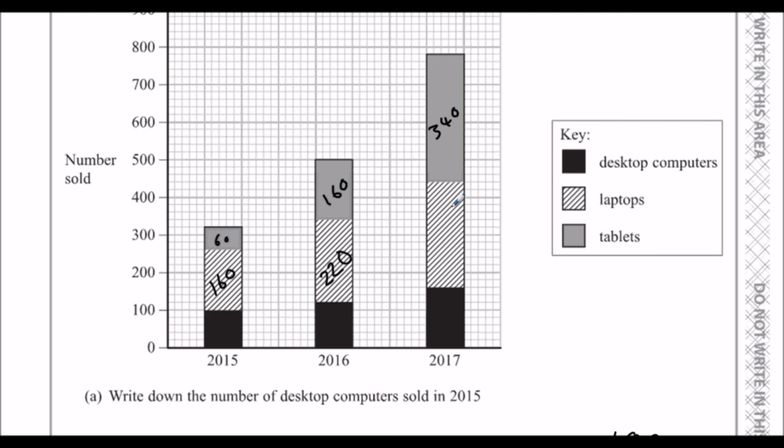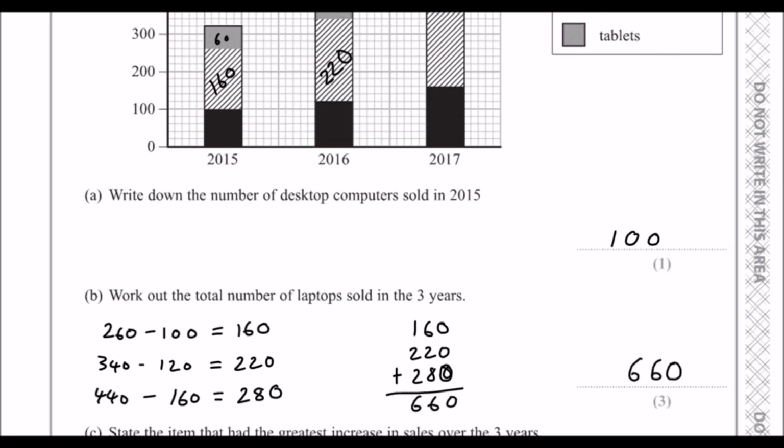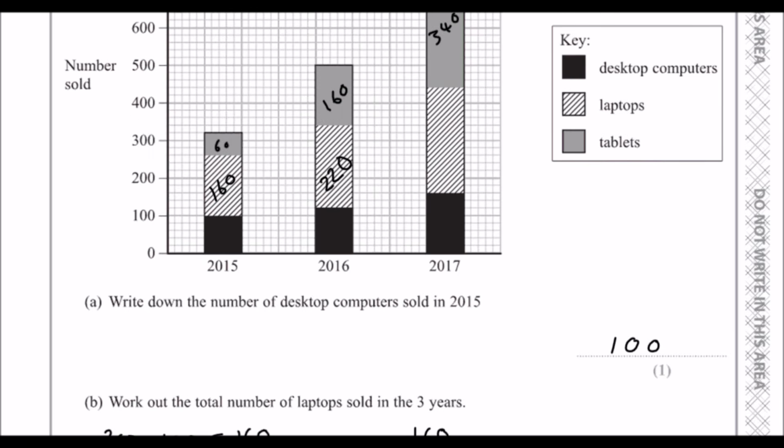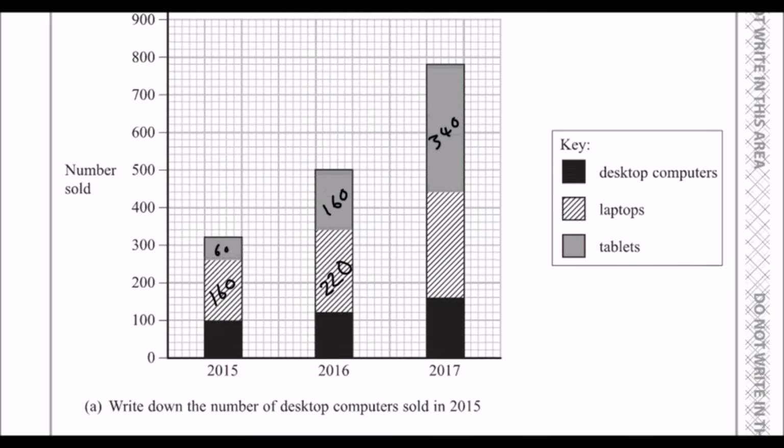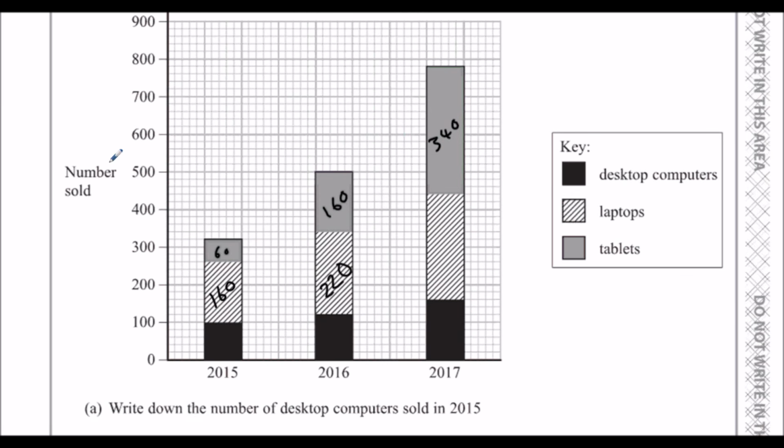So the tablets have gone up by more than double every year. The desktops don't seem to have risen by much. They haven't even doubled over the whole period, and neither have the laptops. So the tablets increase is much bigger.